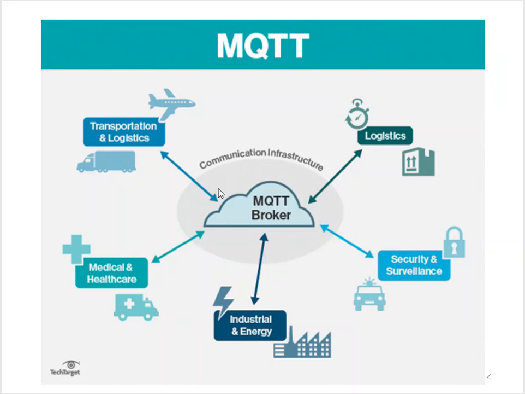The MQTT broker is like a server, and that broker will control all the data transfer inside these systems. The messages go from the client to the broker, and the broker is the place where these messages are taken care of and delivered forward to those devices that have subscribed to getting those messages.